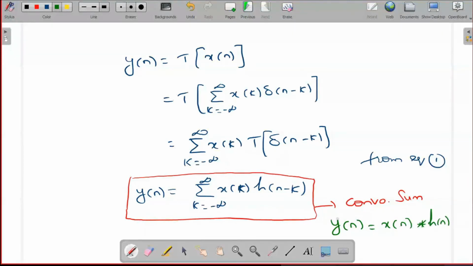That's the reason we give the generalized statement that the response of an LTI system is a convolution between the input and its impulse response. This is the proof. The mathematical expression of convolution is summation k from minus infinity to plus infinity x of k h of n minus k. That is the convolution sum.